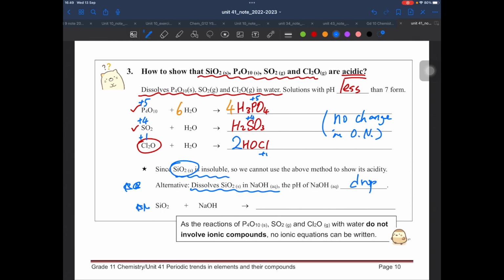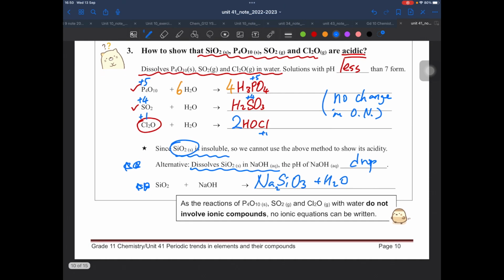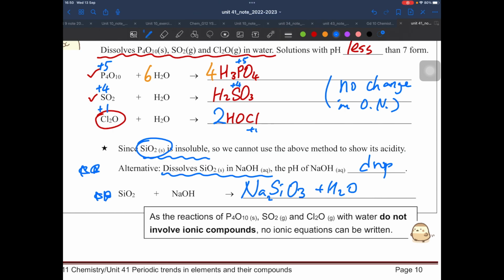So here I showed you the equation to form Na2SiO3 and H2O. First of all, the oxidation number remains unchanged. The second one is, okay, some of you notice that the equation is not balanced, so we should have 2 sodium hydroxide. And in fact, it should be a hot solution in order to complete the reaction.